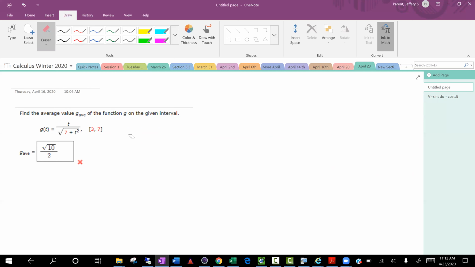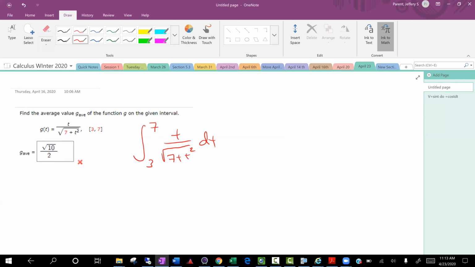So we're going to have to do another integration. This time, what are my limits of integration going to be? 3 to 7. 3 to 7, thank you, of t over the square root of 7 plus t squared dt.